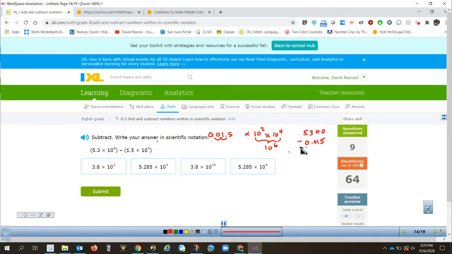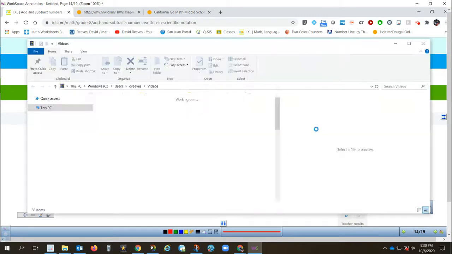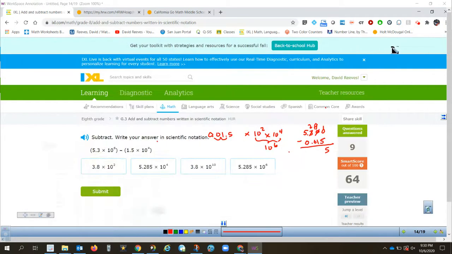0, 0. Here we go. I'm going to have to borrow. 10 minus 5 is 5. Going to have to borrow again. All right, so this is going to be, so wait, this became a 9. My apologies. So this is now a 9, right? Okay, that can go away. So 9 minus 1 is 8.